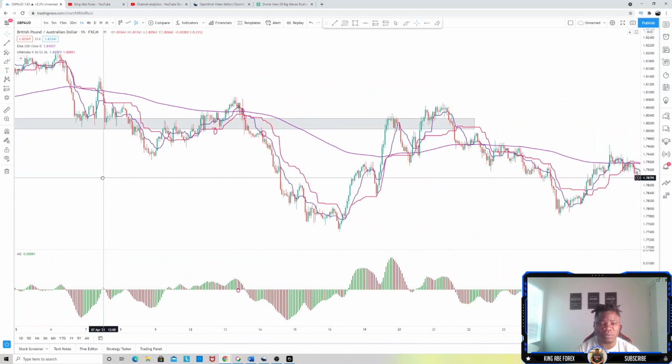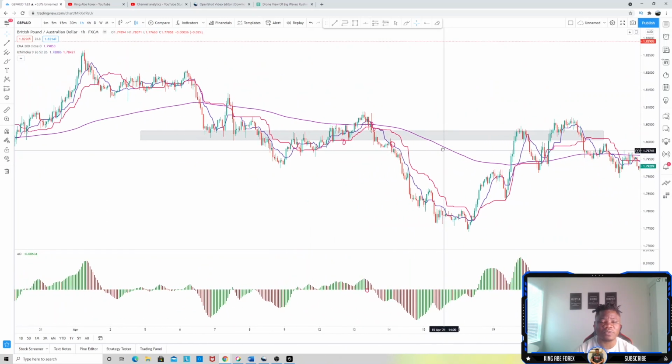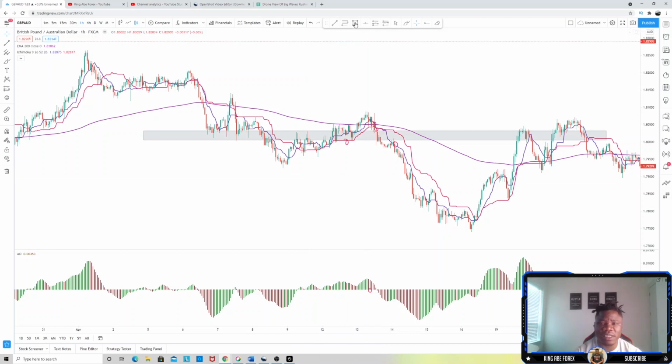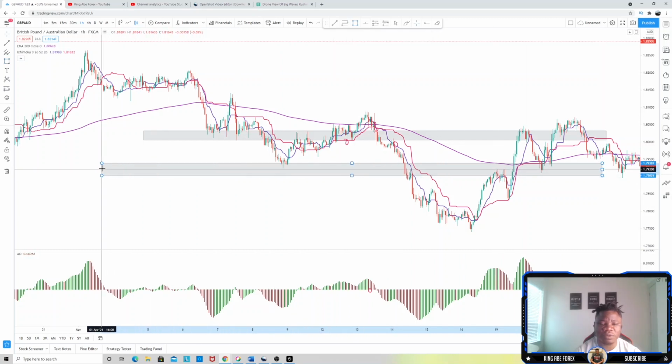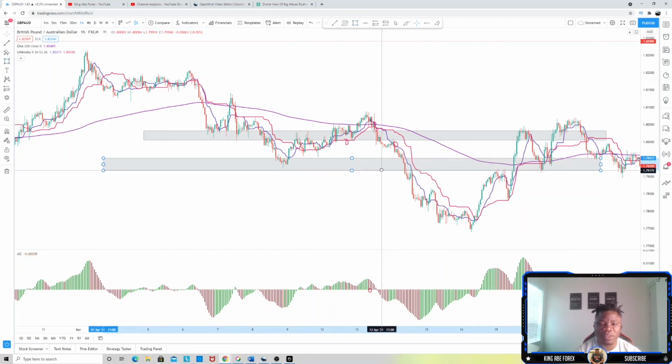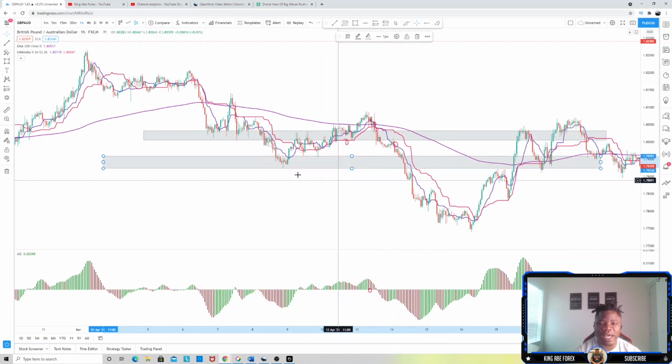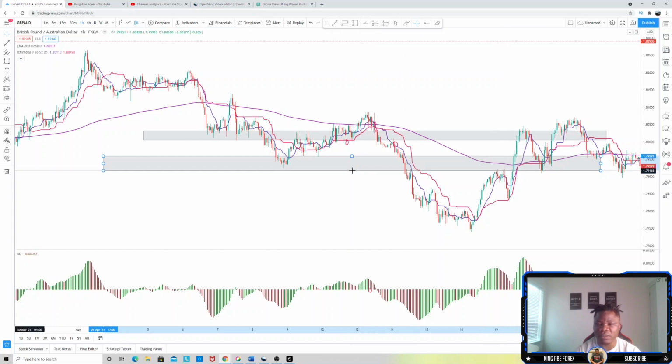Looking at the 1 hour time frame over here, I can see that we can target this zone right over here for our take profit, because you guys can see that we absolutely have a rejection right over here, and price touched it again right over here to the right, giving us another support zone right over there, and over here, and it'll give us a resistance right over here, as you guys can see.